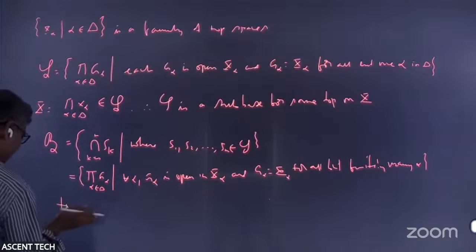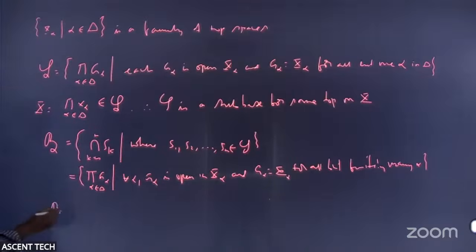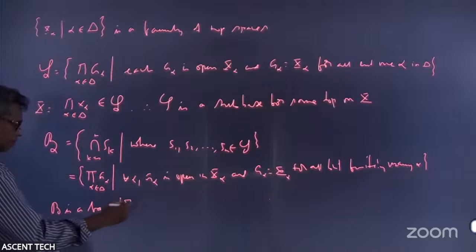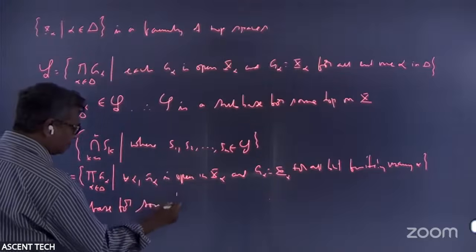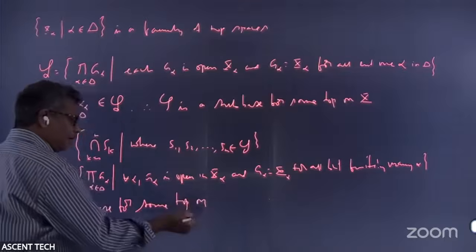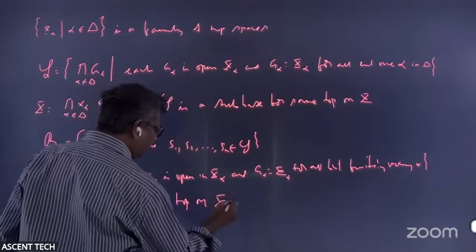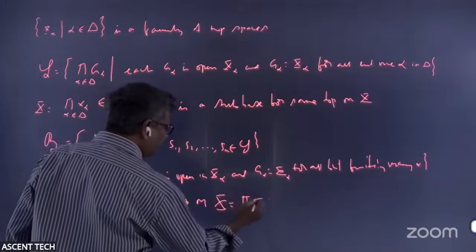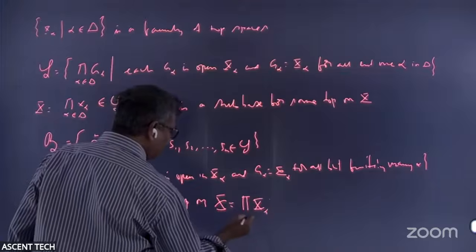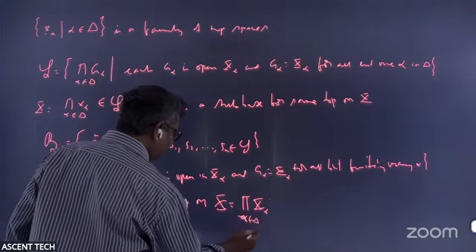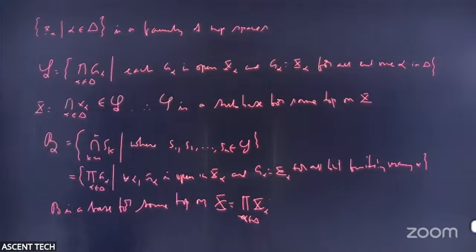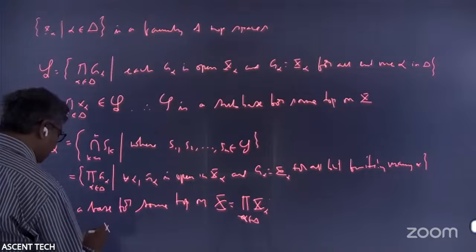B is a base for some topology on X equal to the product of X alpha, alpha in delta. X with that topology is called the product space.